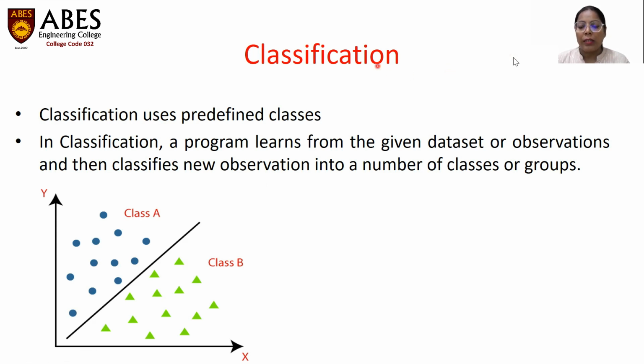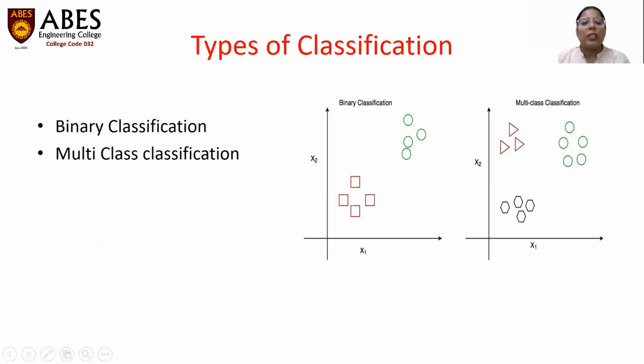Moving to the next slide. These are the two types of classification, binary classification and multi-class classification. As the name suggests, binary classification means there will be two classes. It cannot be more than two classes because the word itself says binary, and binary means two. So in this classification, you will find two classes.